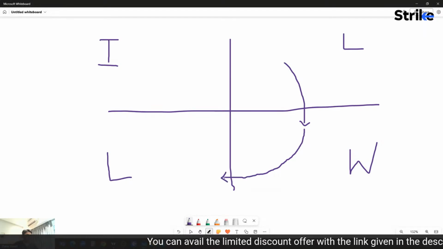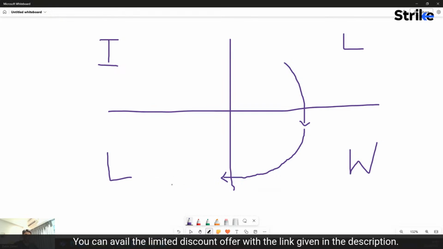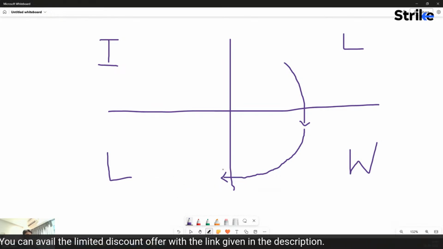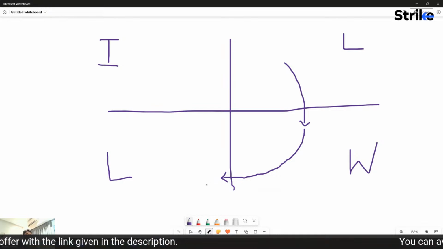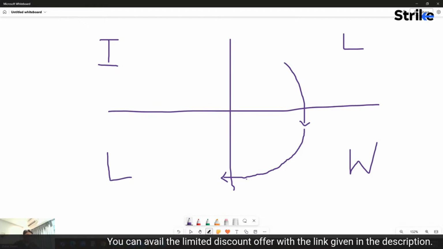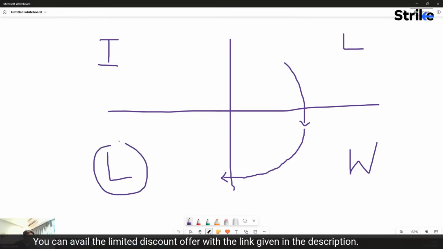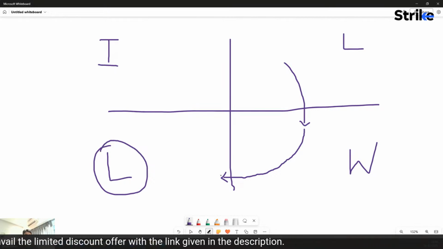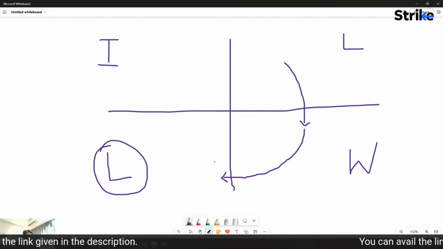Once it enters the lagging quadrant, it means the momentum has already been lost, and it is also now underperforming the benchmark. So when a particular index or a stock enters the lagging quadrant, it crosses the border. When this happens, these are the short candidates.